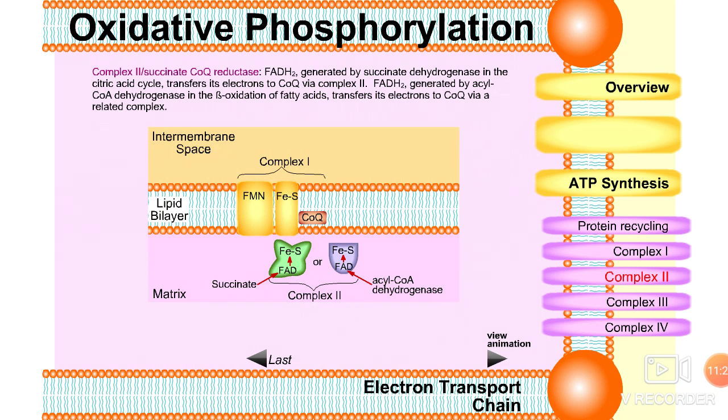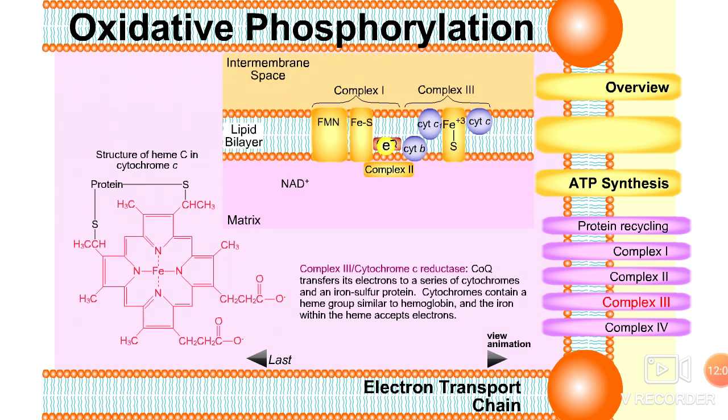Even during the TCA cycle, FADH2 is produced from succinate in the presence of succinate dehydrogenase, and also in lipid metabolism, during beta oxidation, FADH2 is produced. This FADH2 enters the electron transport chain and donates electrons to complex 2, succinate coenzyme Q reductase. See here, the electrons from FADH2 enter complex 2 and go from complex 2 to coenzyme Q.